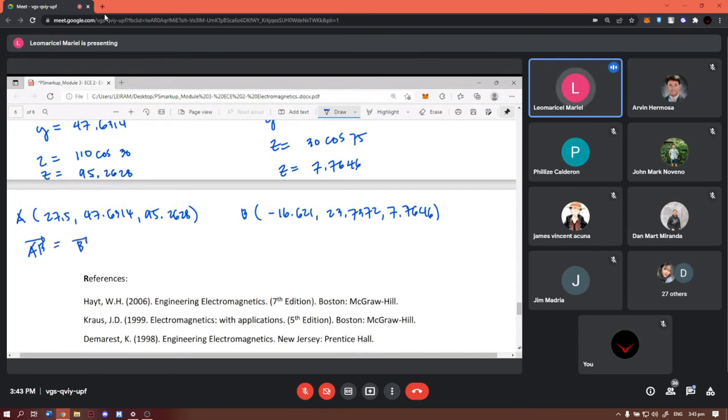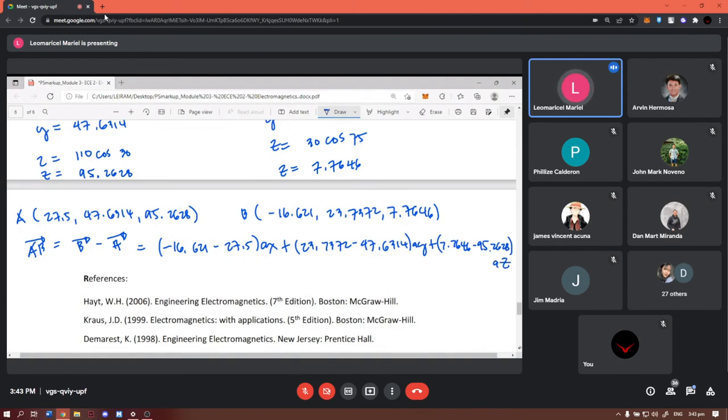So, that will be vector B minus vector A, equals negative 16.621 minus 27.5 along AX unit vector, plus 23.7372 minus 47.6314 along AY, plus 7.7646 minus 95.2628 along AZ.